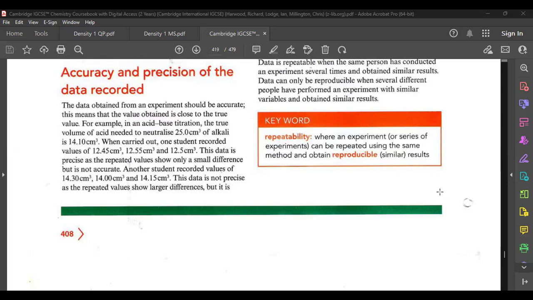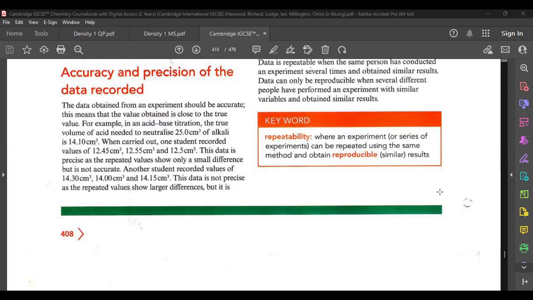When you carry out this experiment, the values recorded are 12.45, 12.55, and 12.5 cubic centimeters. So what is happening here? This is precise data, and there are repeated values with a difference of about 0.05: 12.45, then 12.55, then 12.5, and then 12.55. Basically, we have repeated this experiment multiple times.